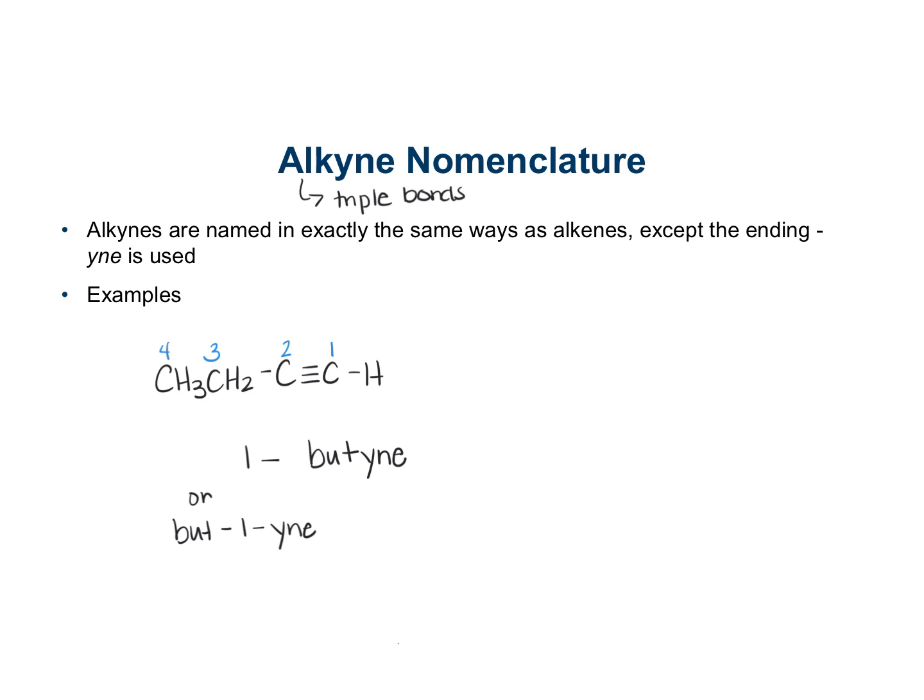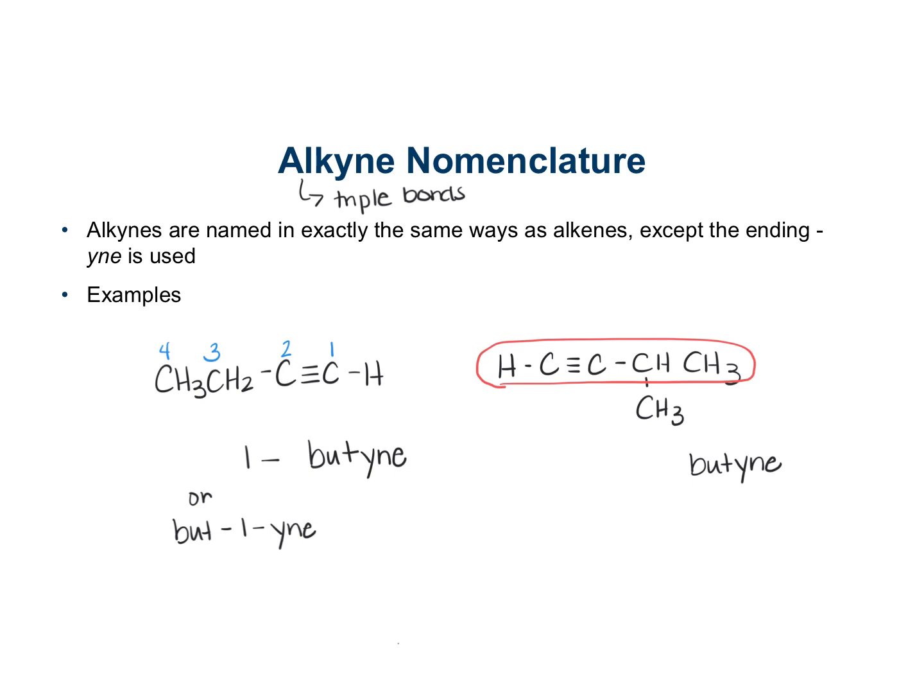Let's do one with a substituent. So again, our longest chain here is going to be 4 carbons. That longest chain needs to include the functional group, which is the triple bond. And so again, this would be butyne. We need to tell the location of where that triple bond is, and then also the location and name of the substituent.